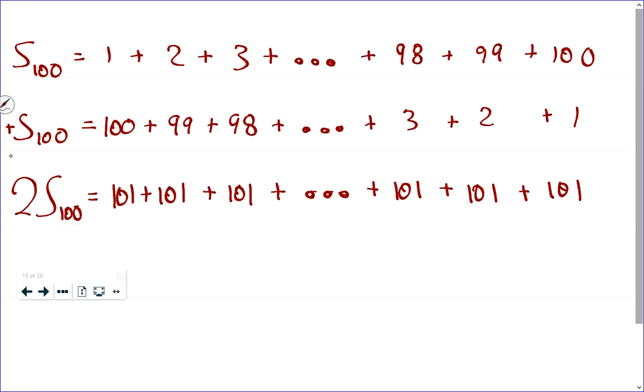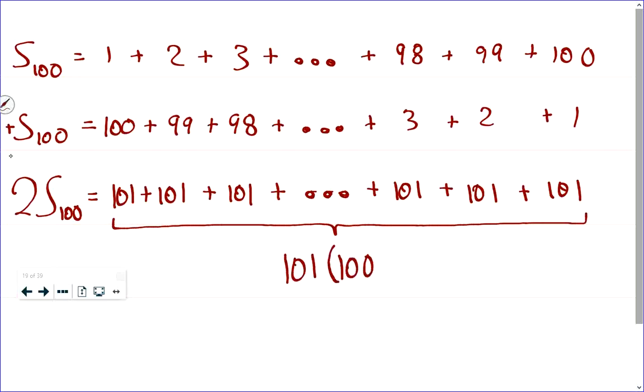But he doesn't have to add 100 things because they're all identical. All he has to do is say that this is going to be 101 multiplied by 100 because that's how many there are. That 101 is repeated 100 times. And multiplying 101 by 100 is child's play. You just add 2 zeros.